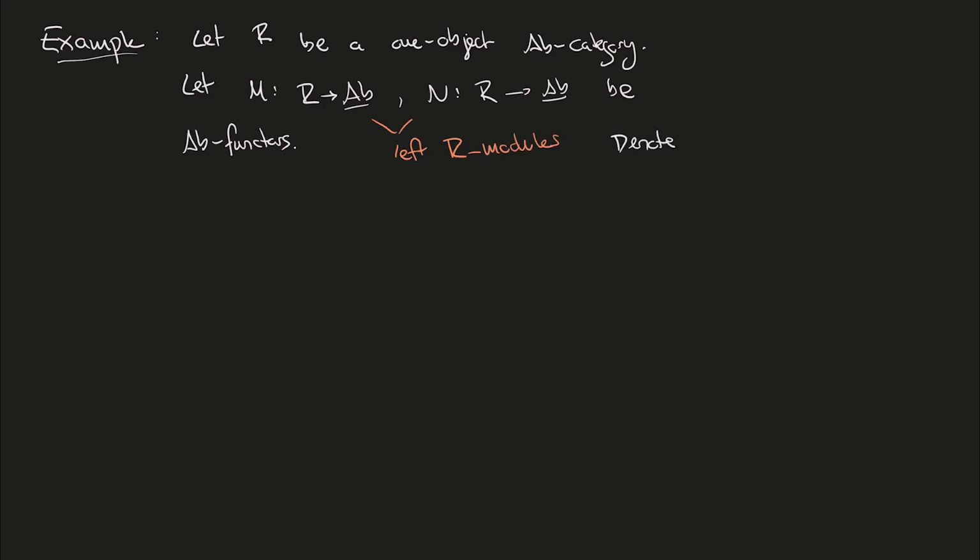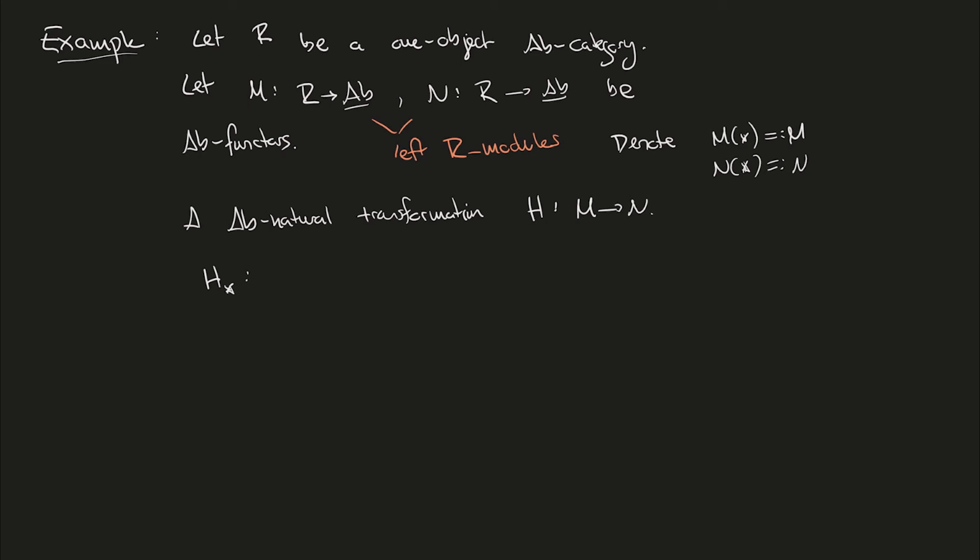And for convenience, we'll denote the image of the single object under M simply as M, and the image of the single object under N simply as N. Let's now consider an Ab natural transformation, which we'll call capital H from M to N. By definition, we know that such an Ab natural transformation consists of an Ob-R indexed family of morphisms, but R just has a single object, so in fact we just have a single component, which I'll denote H star, which is a map from the monoidal unit in Ab, which is the integers, to the hom set of M and N in Ab.